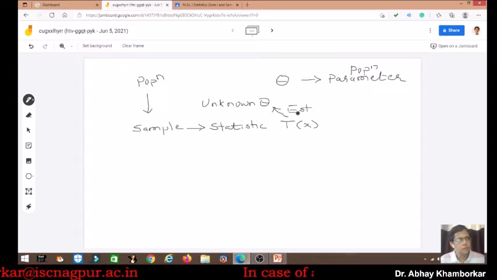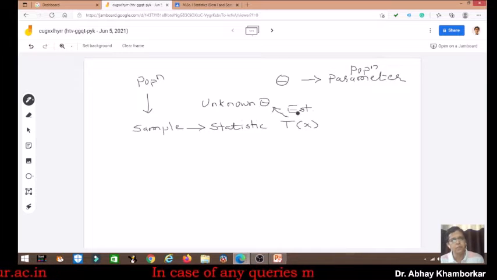In other words, the population parameter theta is totally unknown, and to estimate it, we draw a random sample and use a function of that sample, for example t of x, to estimate the population parameter theta. Therefore this whole situation is known as estimation.